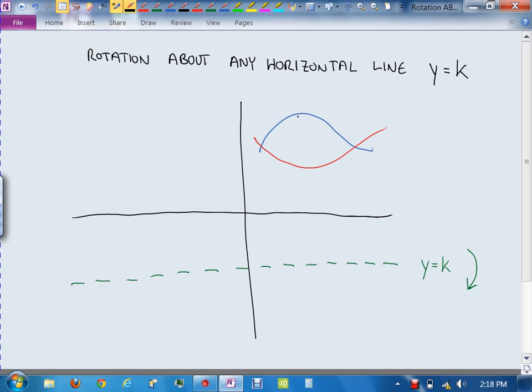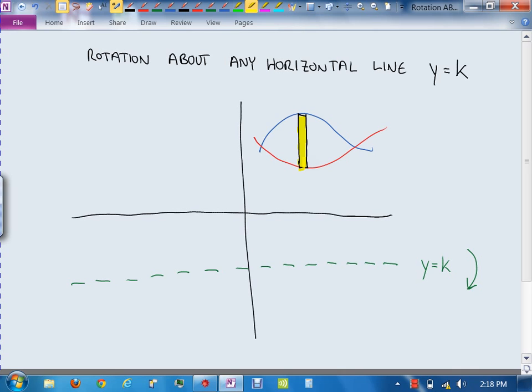Let me draw my rectangle in here first. Here's my rectangle. That's still the piece that's getting wrapped, right? But remember before, imagine the blue one around the x-axis, that was just f of x, and then the red one was just g of x.